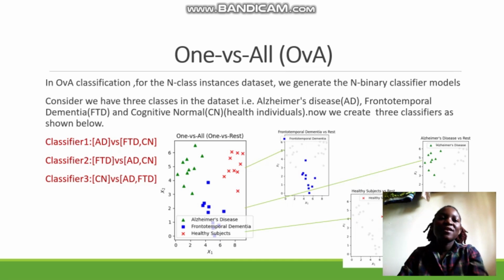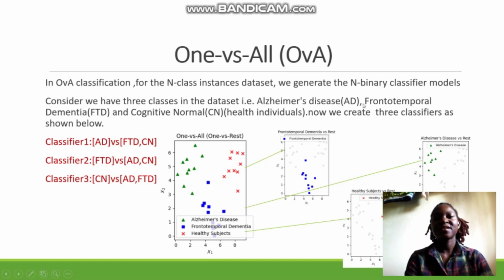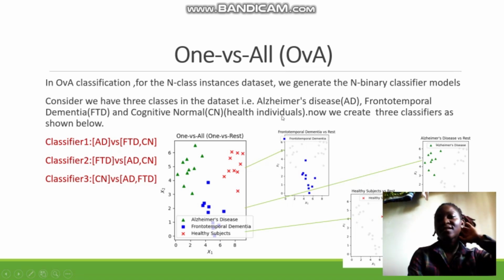In one versus all classification, for n class instances in your data set, we want to generate n binary classifier models. For example, our data set has 3 classes: Alzheimer's disease, frontotemporal dementia, and healthy participants.